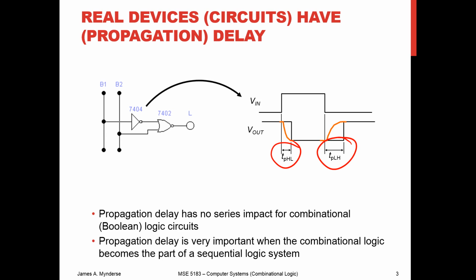The problem is going to be that when we take the next step and do sequential logic systems in the next segment of notes, you're going to see that there's this memory that's introduced. The memory is going to respond to these propagation delays, or rather the propagation delays are going to set up some intermediate states that are going to then go into the memory, which could cause some longer-term glitches.